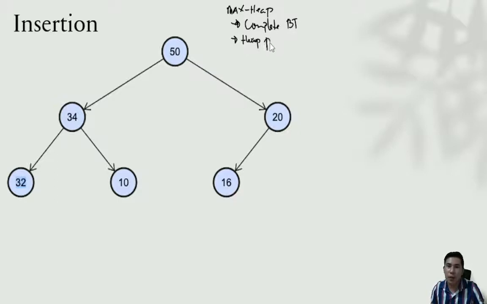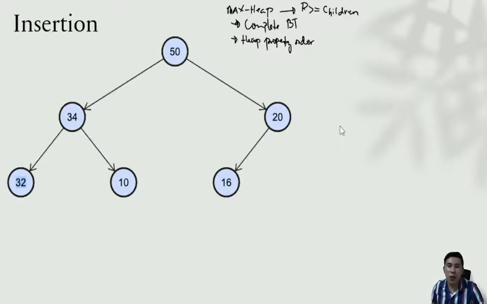For max heap, the property order is that all parent nodes must be greater than or equal to their children.